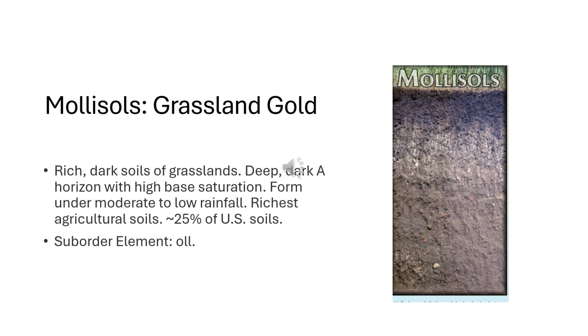That will be explained in soil fertility, but remember that it doesn't have anything to do with pH. These soils typically form under conditions of moderate to low rainfall and are considered the richest ag soils. The rainfall can be one of the limiting factors for growing plants and crops. Mollisols make up about 25% of U.S. soils, dominating, of course, in the plains.